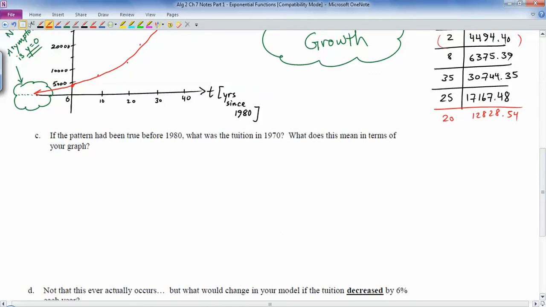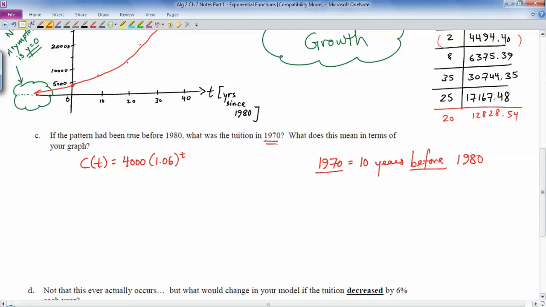Okay. Well, what if the pattern had been true before 1980? So let me rewrite the function that we had for the pattern, 4,000 times 1.06 to the t. So the question is, what was it in 1970? Well, 1970 is 10 years before 1980.